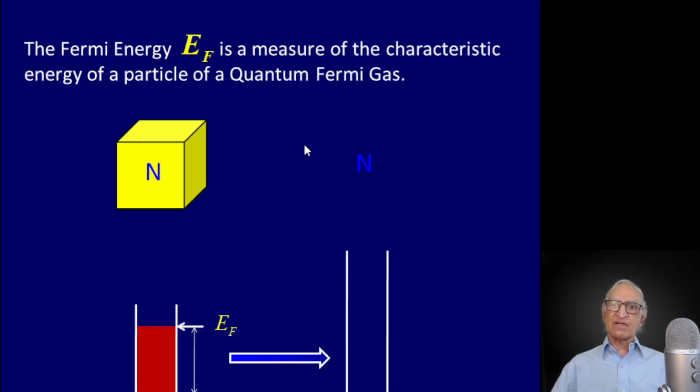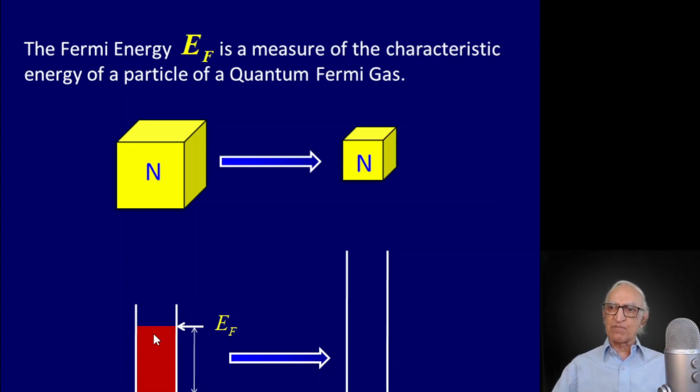So we said in the previous lecture that there is an energy known as the Fermi energy, which is a measure of the characteristic energy of the particle in quantum statistical mechanics. Well, particles have all energies from 0 up to EF, but the typical energy is some fraction of EF. It may be 3/5 EF, 1/2 EF, 2/3 EF, but it doesn't matter. It's of the order of EF.